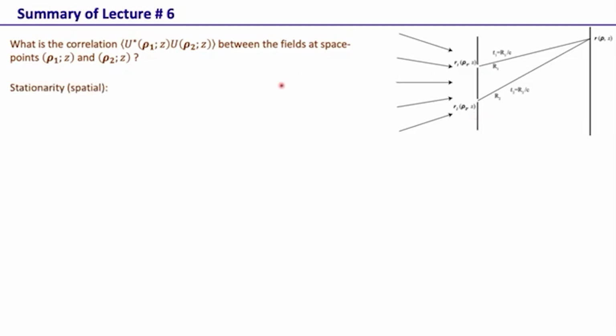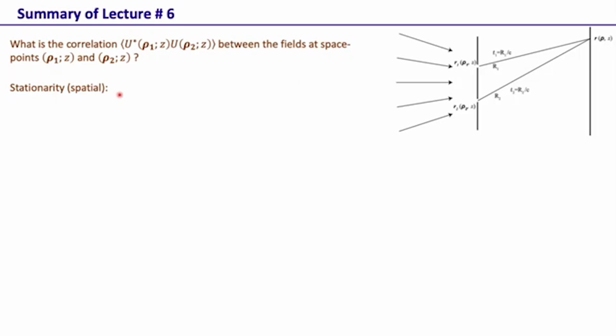Now in that context, we looked at some essential mathematical concepts first, and the first one was spatial stationarity. Just like temporal stationarity, spatial stationarity means that if a field is spatially stationary, the correlation functions of all orders are independent of the space origin.